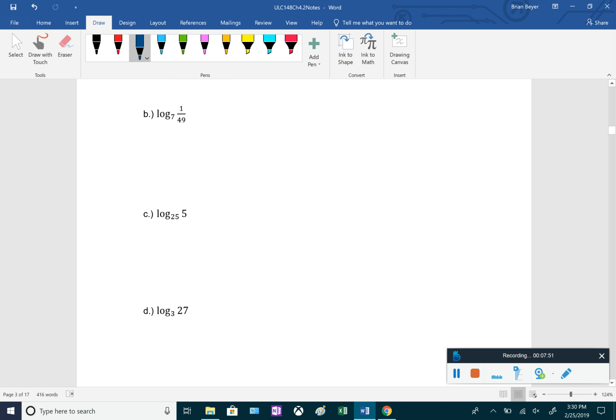So let's do the same thing for the next one. Log base 7 of 1 over 49. Let's set that equal to x, and we're going to be solving for x. So this is going to be base 7 to the other side, which is x, equals 1 over 49. So we have to think, what does x have to be here in order for this to be true?